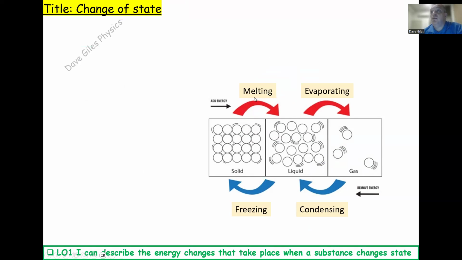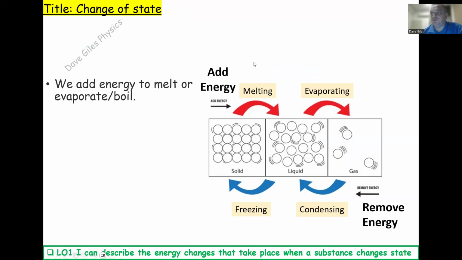Both require energy. On the other hand, if we go from gas to a liquid or liquid to a solid, condensing or freezing, we remove energy. So we add energy to melt, evaporate, or boil, and we remove energy to condense or freeze.